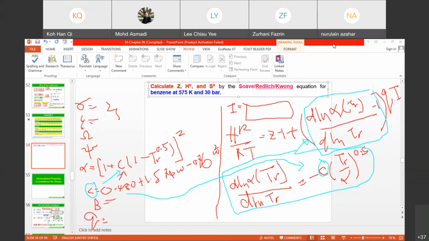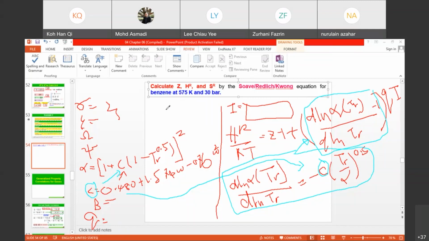Before we move to the generalized correlations to calculate the residual properties, any questions? The steps are the same, right?